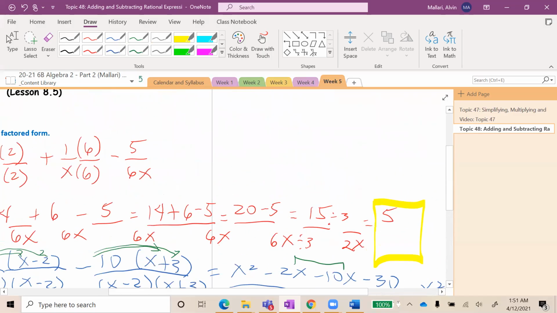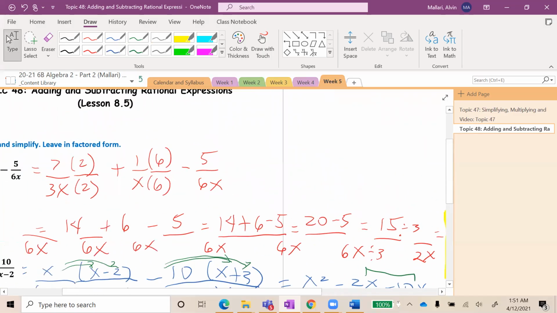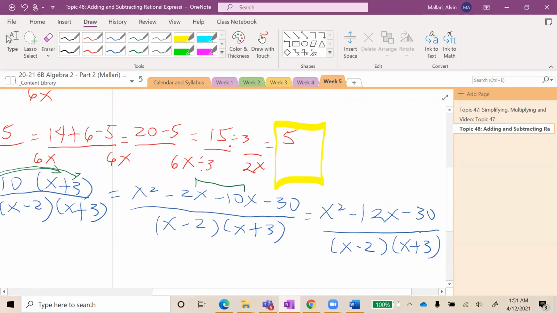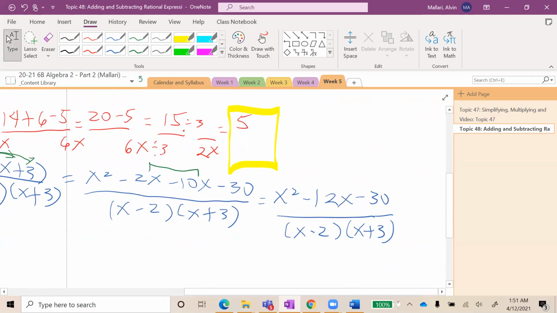Well, we were instructed to keep it in factored form. So our denominator is in factored form. So this will be our final answer.